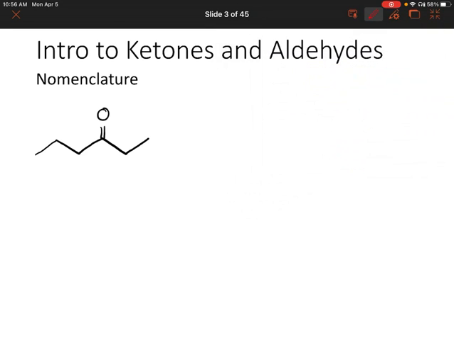So it looks like it's a little closer to the right, so I'll start numbering on the right and make my way over. Okay, so we have 6 carbons in that longest chain, so that would be hexane, but we're going to drop the E and add ONE for the ketone.